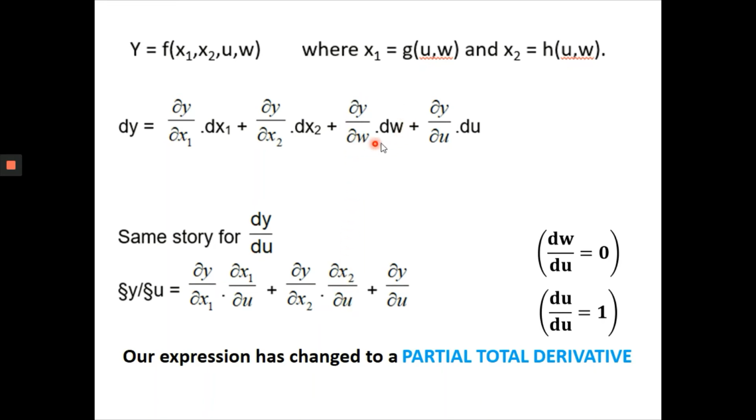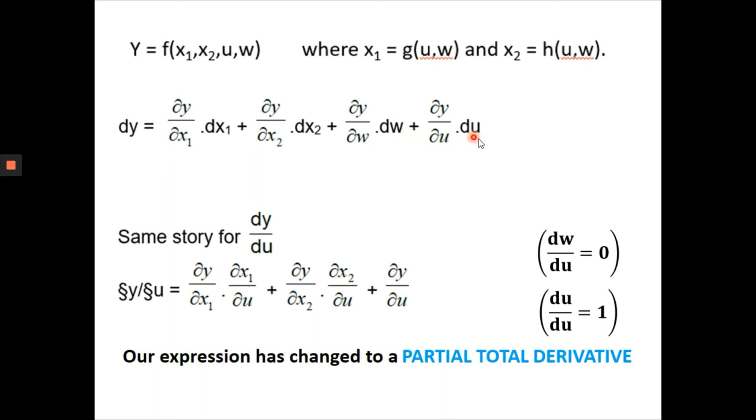For this term here, when we divided dw by du, that would be equal to 0, because as we've said, there is no relationship between w and u. So this would equal 0. So this whole term here would equal 0.